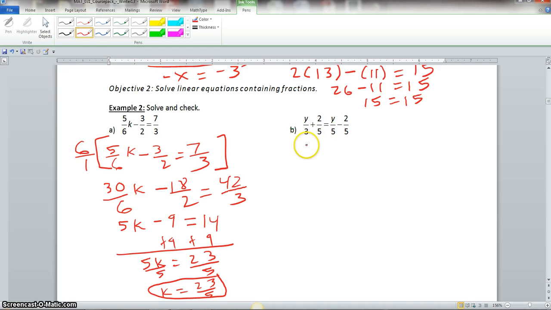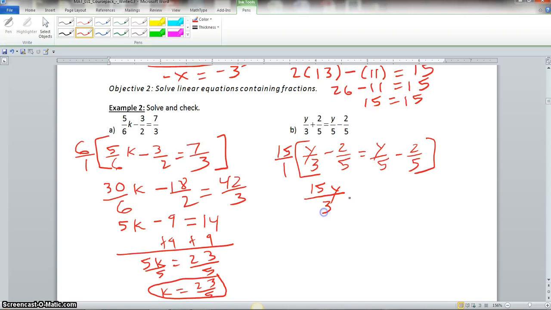Now we look here. We had denominators of 3 and the rest is 5. So we will multiply everything by the common denominator of 3 and 5, which is 15. So this will give us 15y over 3 minus 30 over 5 equals 15y over 5 minus 30 over 5.